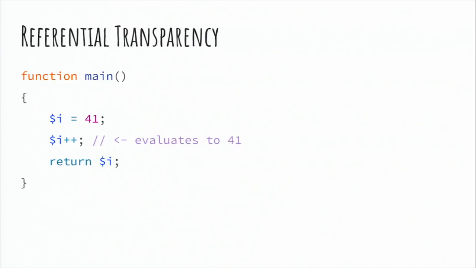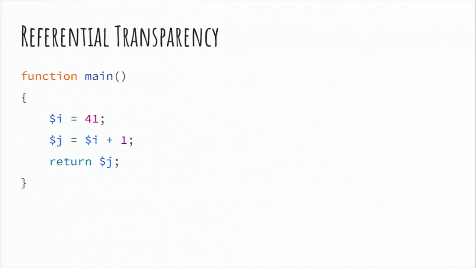So if you change this with its value, this is allowed because it's just an expression statement, then the return value changed. So this program was not referentially transparent, this expression.